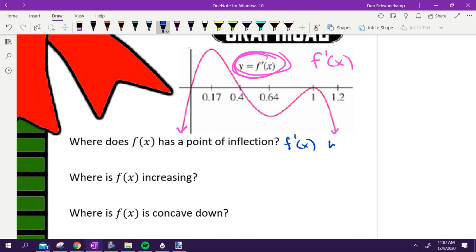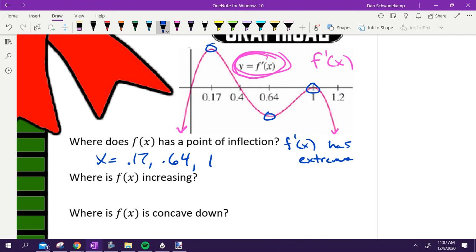F prime has extrema. I think the easiest way to do any of these questions is to answer it in terms of what you're given first before you do the answer, like the justification before the other part. What were your answers here, Max? 0.17, 0.64 and 1. Yep, those are the 3 spots. Those 3 spots are when f prime has extrema.